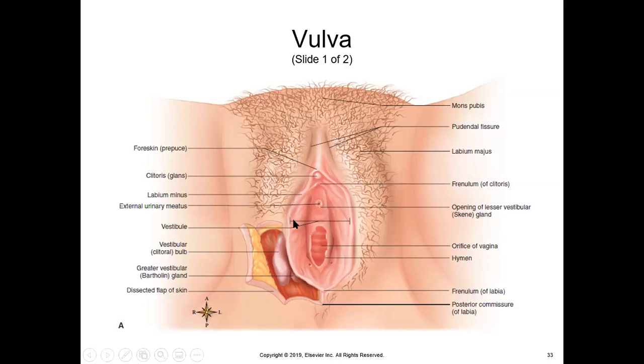In the labia minora, here's the opening to the urethra, which is the external urinary meatus. And then there are little openings here, which are openings to the Skene's glands. The Skene's gland is comparable to the male prostate.